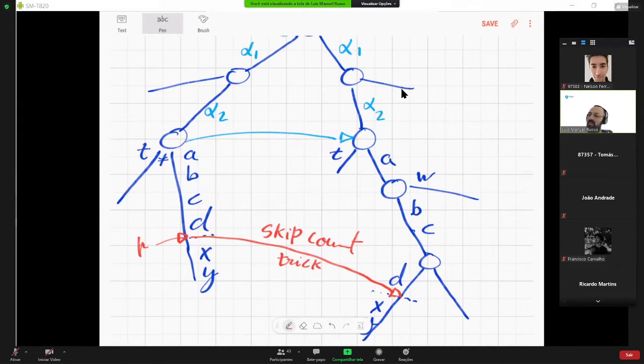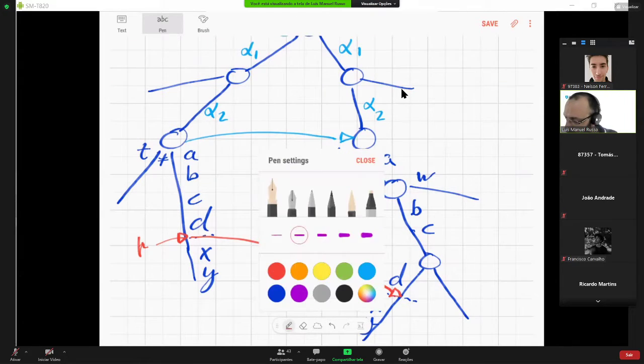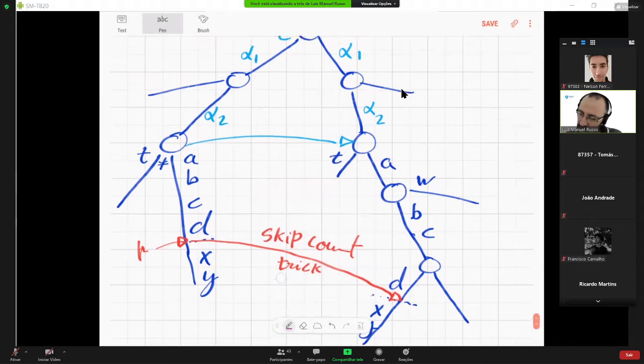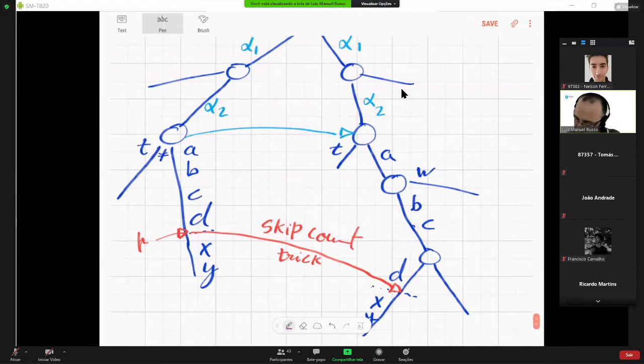So what does the skip count trick do? How does it work? You just go to the parent. You have your point here, you go to the parent and follow the suffix link.